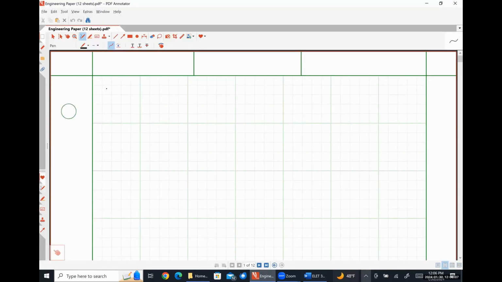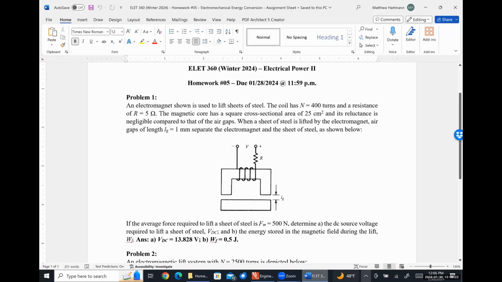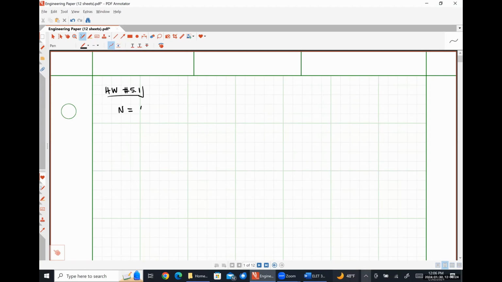So this is homework number 5.1. We know that our coil N has, I think it was 400 turns. Our resistance R was 5 ohms.